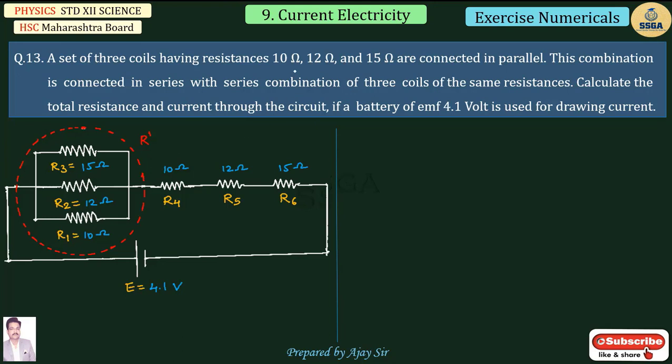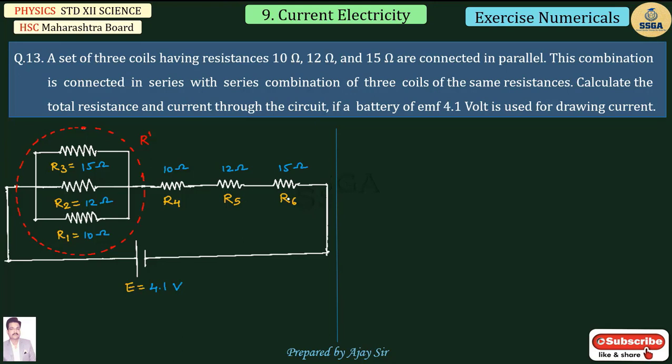This parallel combination is connected in series with resistances of the same values, 10, 12, 15. Let us call these R4, R5, R6. So this is the parallel combination and this is the series combination.